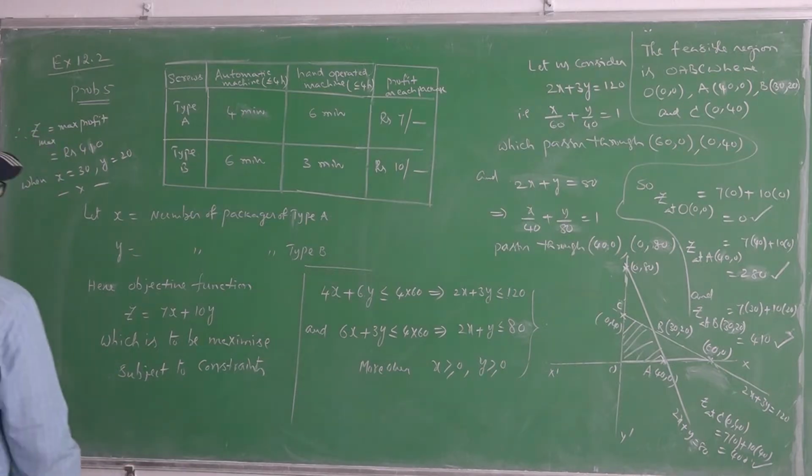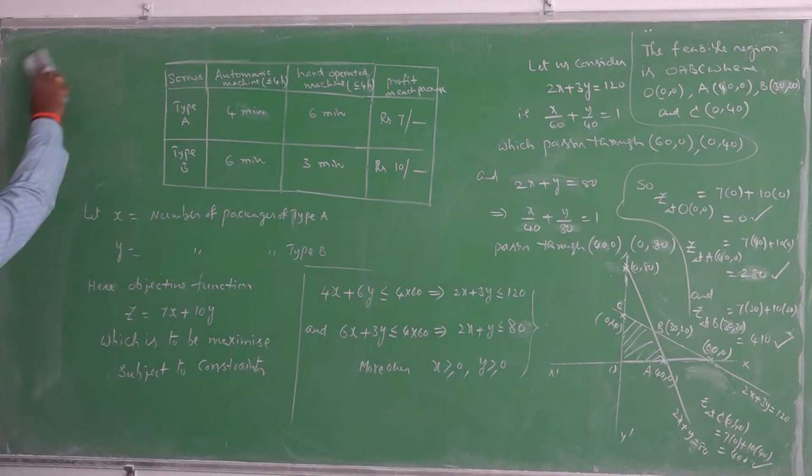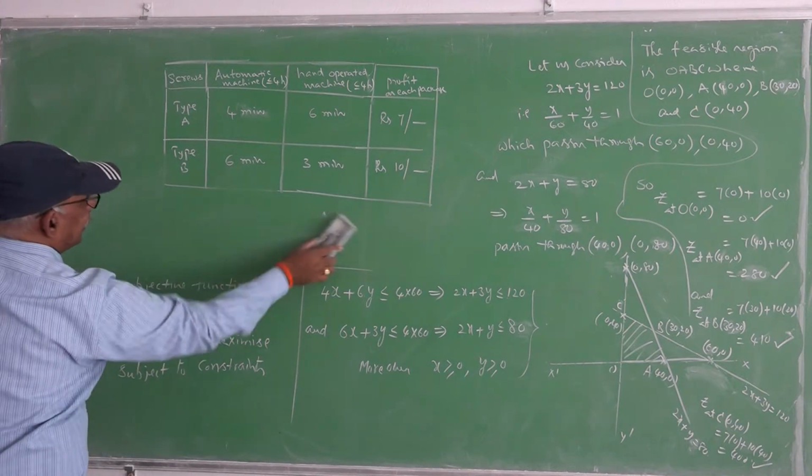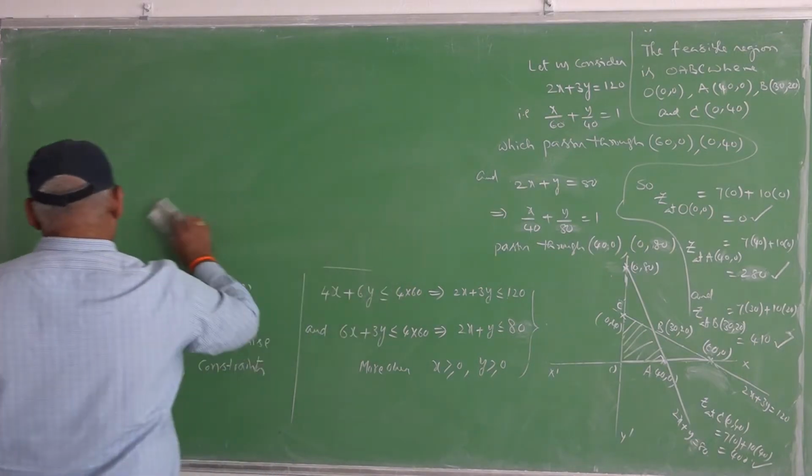So x means the number of packages of type A must be 30 and the number of packages of type B must be 20 to maximize the profit. Okay. This is the 5th problem.